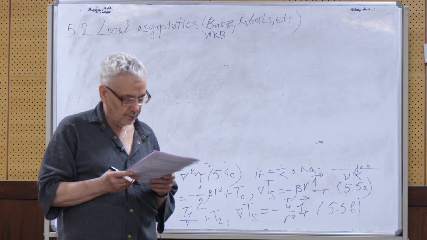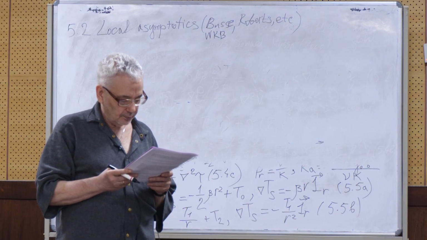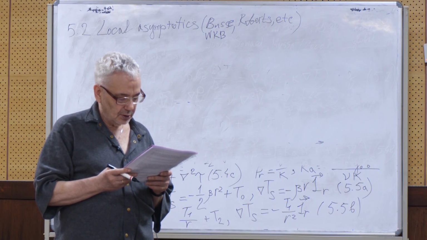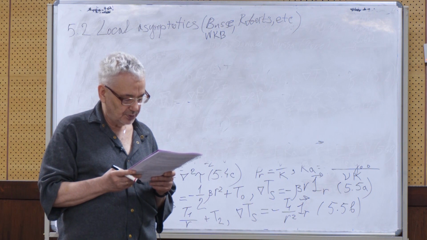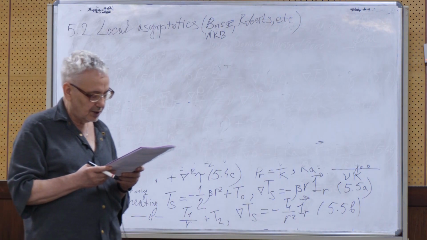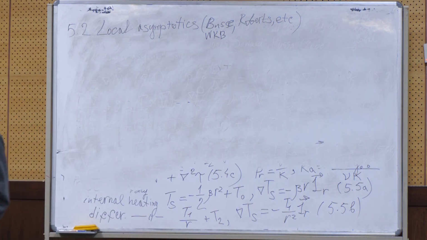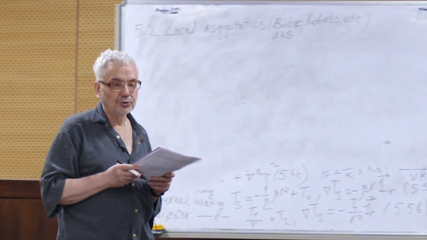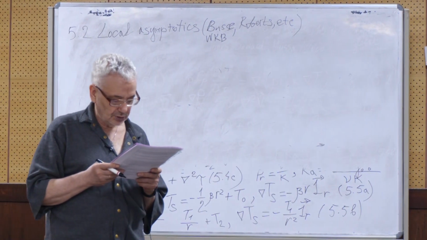In his work, Busse found the onset of the convection in the form of the so-called very well-known cartridge belt of rolls, like that. And there was also experimental confirmation of that.